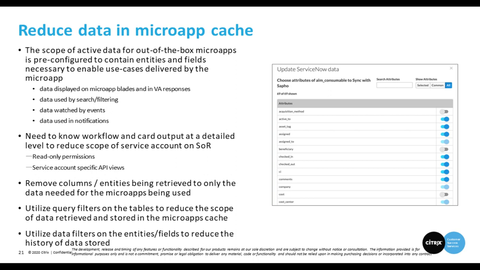Now, by default, out of the box, there's a lot of microapps that are available to you and will grab the data that is necessary to support all of those microapps. But it can be trimmed down and tuned and optimized in such a way where, let's say you didn't want to use all those microapps, you only wanted to use 2 or 3 of them. My recommendation there is, start the system, make sure that you're comfortable with how the microapps work.